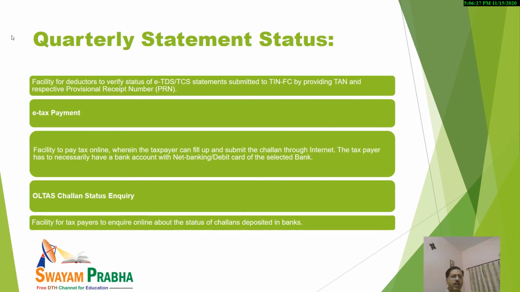So a facility has been provided for deductors in case of TDS and collectors in case of TCS to verify the status of eTDS, that is electronic tax deducted at source, and eTCS statements, which have been submitted to these TIN FCs, by just providing the TAN, that is tax deducted account number or tax collection account number, and then the respective PRN.